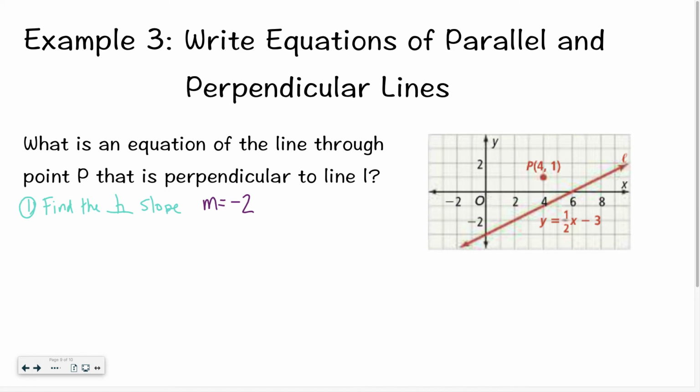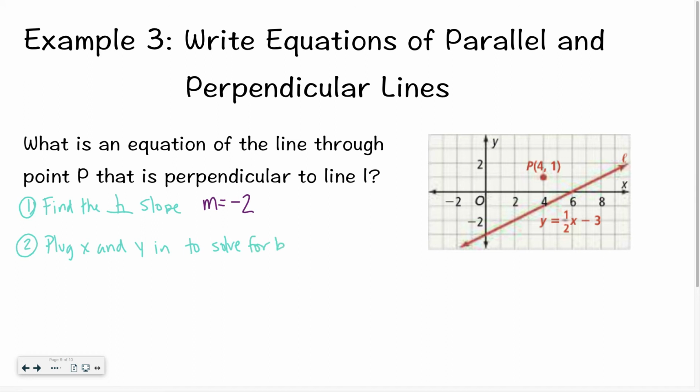And then step 2, we want to plug x and y in to solve for b.